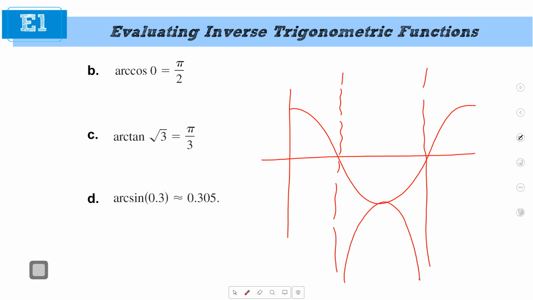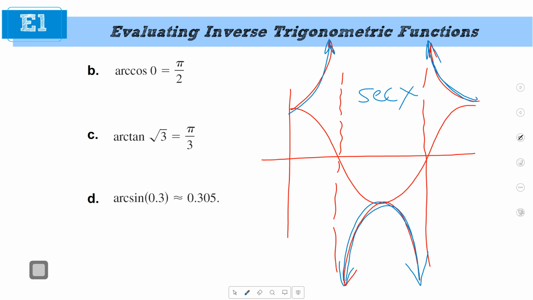And then you've got a down U and an up U. This and this represent the secant graph. Notice the secant graph is the opposite of the cosine graph. The cosine graph has values between -1 and 1. The secant graph can't have values between -1 and 1. It's got to be bigger than 1 and less than -1.